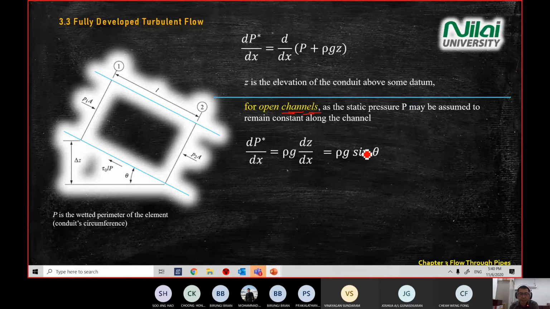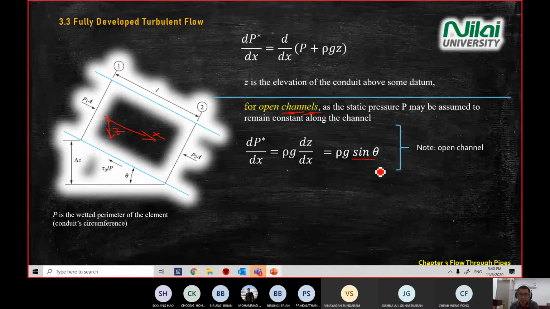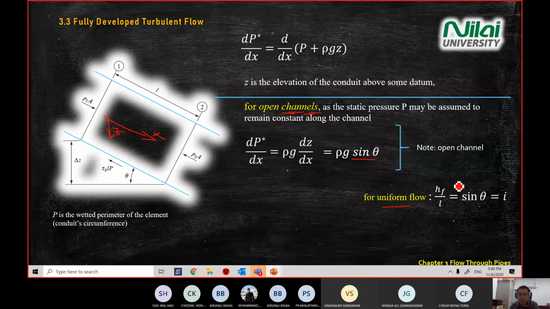dz over dx is sine theta. You can see from here, z over x. The x direction is here. So dz over dx is your sine theta. This is again, if you look at the note here, for an open channel system, and we assume it's a uniform flow. We can do some simplification assumption.